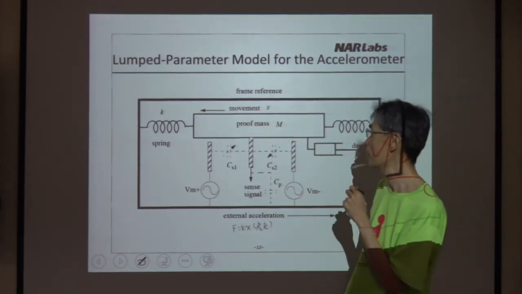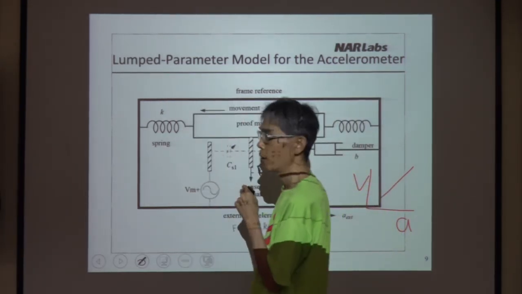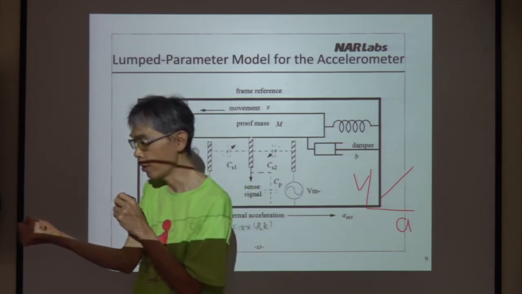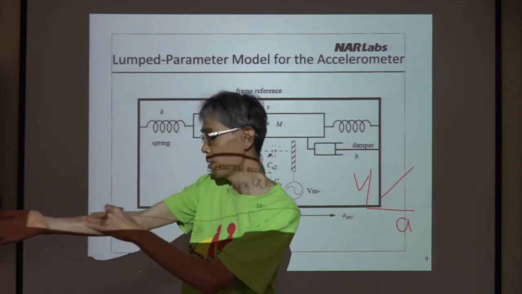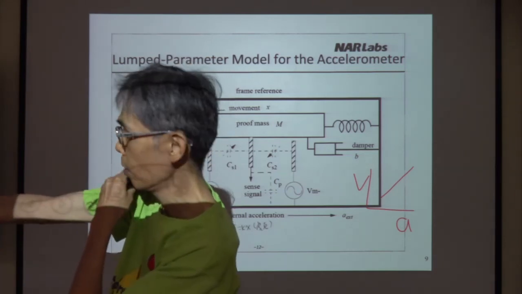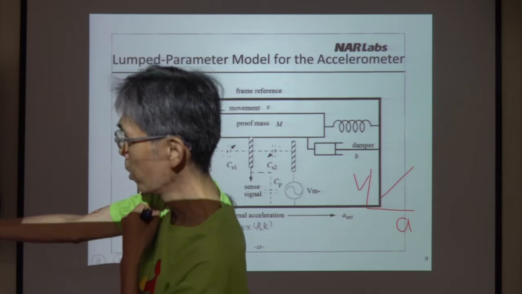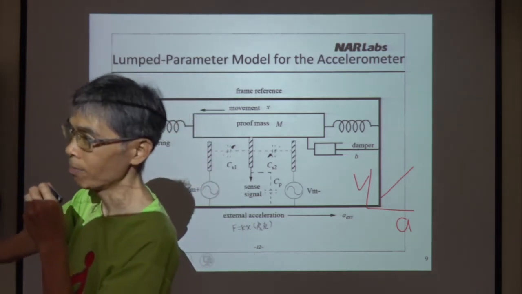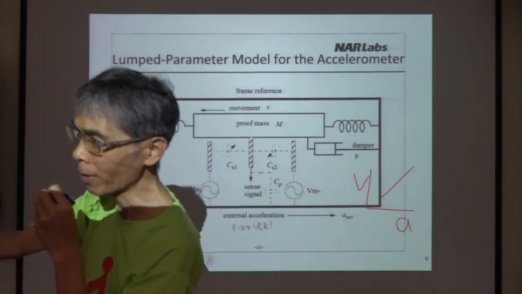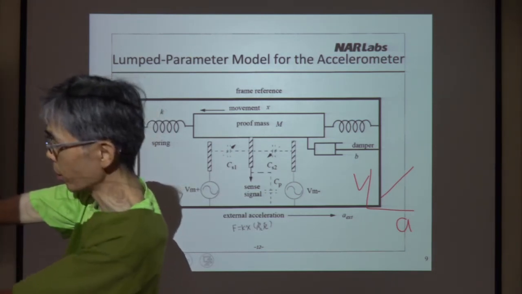Okay. And we use a lumped parameter model. Lump means this is a lump. Like my hand, I have mass all over my hand, so I have many small masses. But it's too complicated to model each mass along this hand.